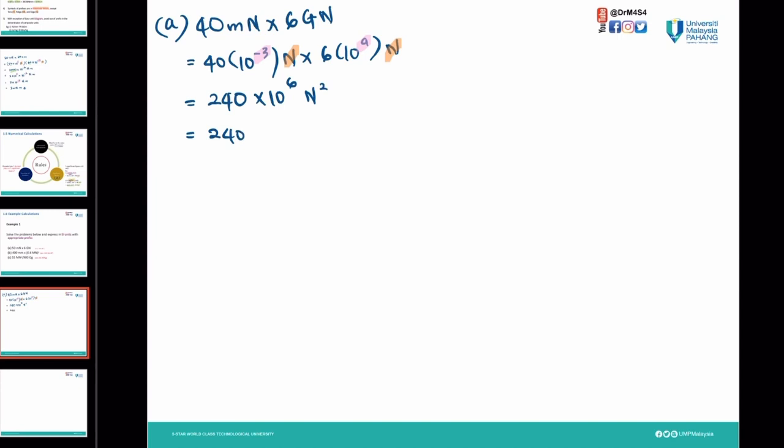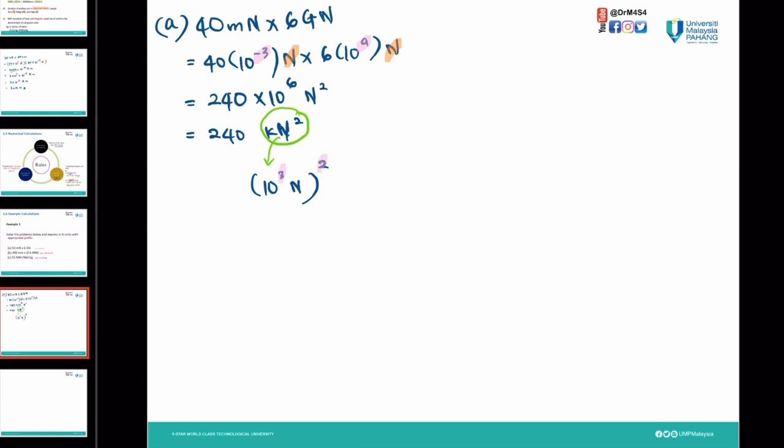And we can write it into 240 kilonewton square. So this thing, okay, we simplify from 10 power of 3 Newton square, because 3 times 2 is 6.